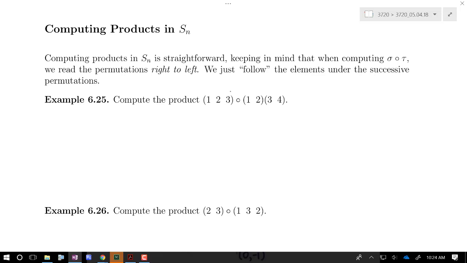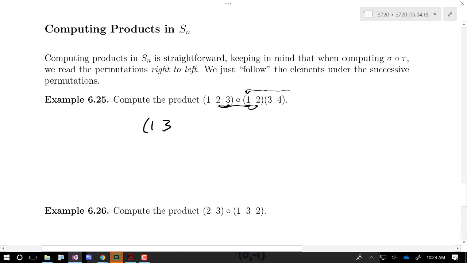So here's what we do. I'm going to first figure out where 1 gets sent. And so I'm reading from right to left. I stop and I say, oh, I get to 1. 1 gets sent to 2. And then I keep going backwards and I say, oh, look, now 2 gets sent to 3. So that means 1 gets sent to 3.